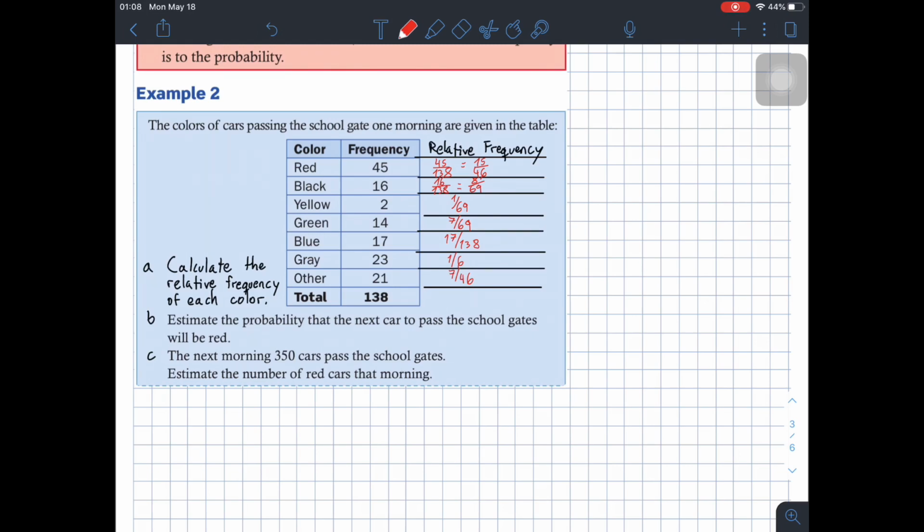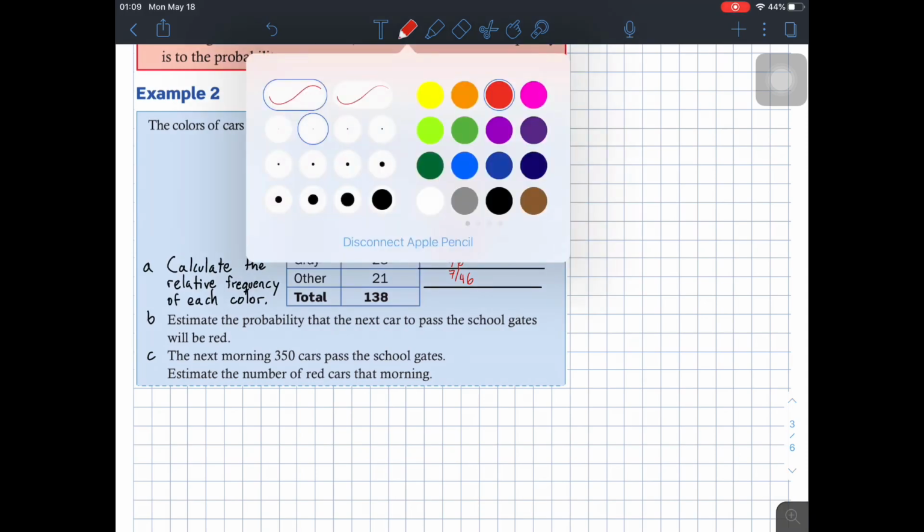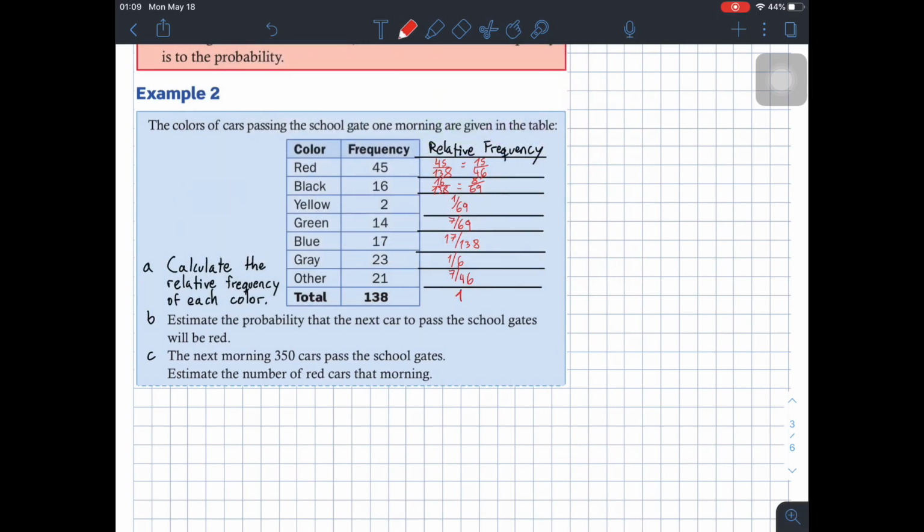I'm going to do this: 15 over 46 plus 8 over 69 plus 1 over 69 plus 7 over 69 plus 7 over 69 plus 17 over 138 plus 1 over 6 plus 7 over 46, and this is 1. Okay, so this is correct. The relative frequency is 1, which is 100%, right?